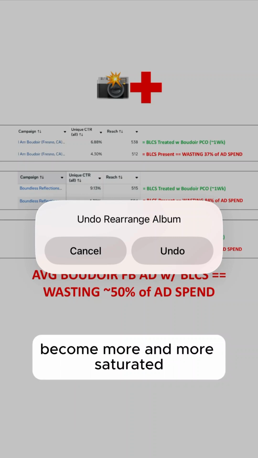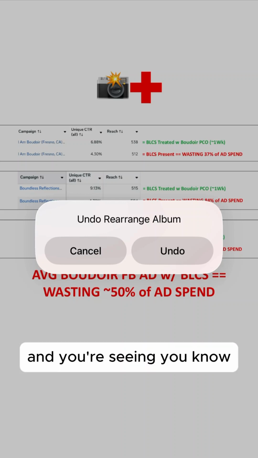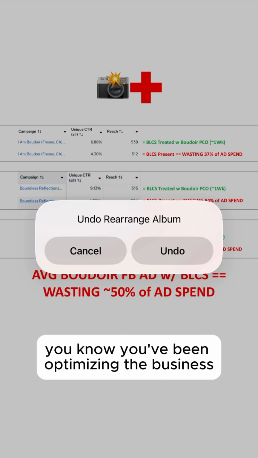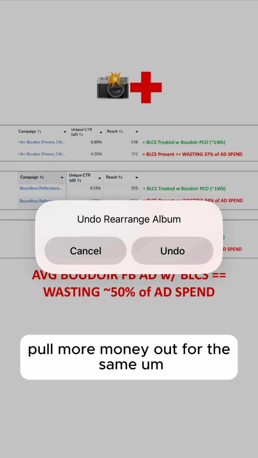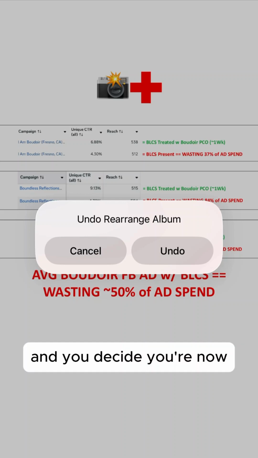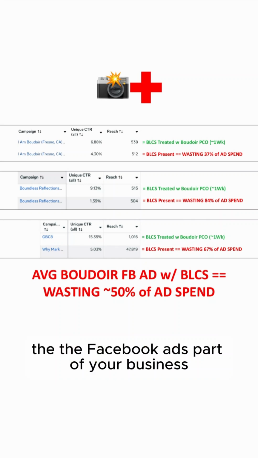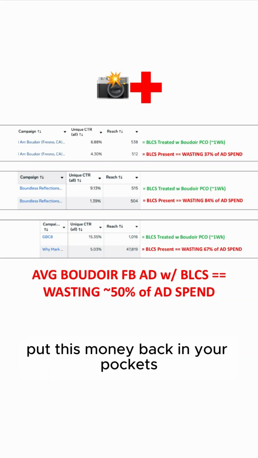So you're just seeing the market become more and more saturated for the same number of buyers, and you're seeing inflation and living costs. So you've been optimizing the business, pulling more money out, optimizing other places, pulling more money out for the same input, same effort, and you decide you now want to do that with the Facebook ads part of your business. Kind of plug these holes, become more efficient, put this money back in your pockets.